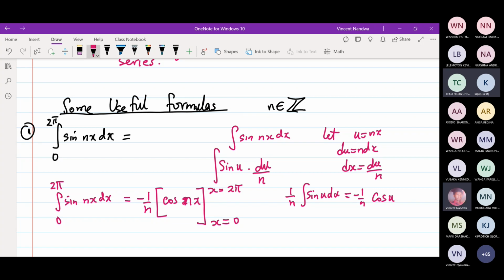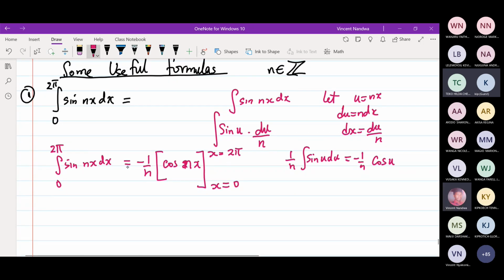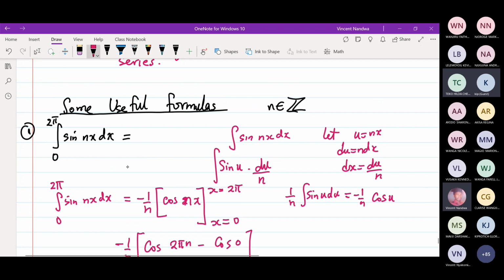So when you put in the upper limit, what do you get? Cos of 2 pi n. So we have negative 1 over n times cos of 2 pi n, minus cosine of 0. Cosine of 0 is always 1. And then cos of 2 pi n gives? Remember, I've told you that this n is actually an integer, in most cases a positive integer.